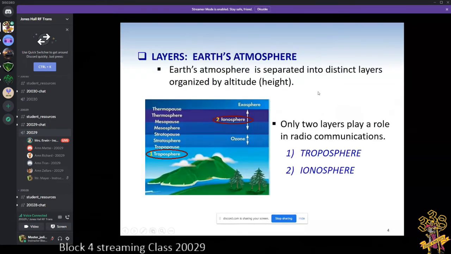The Earth's atmosphere, as you learned way back in school, is made up of different layers. The only two layers we're concerned with in RF is the troposphere, which is the lowest layer. That's where all your weather and stuff happens. And then the ionosphere, that is ionized by solar radiation, and we use that for your HF.